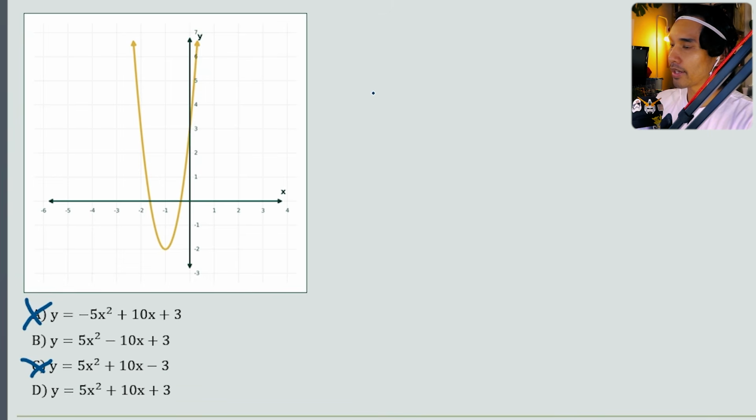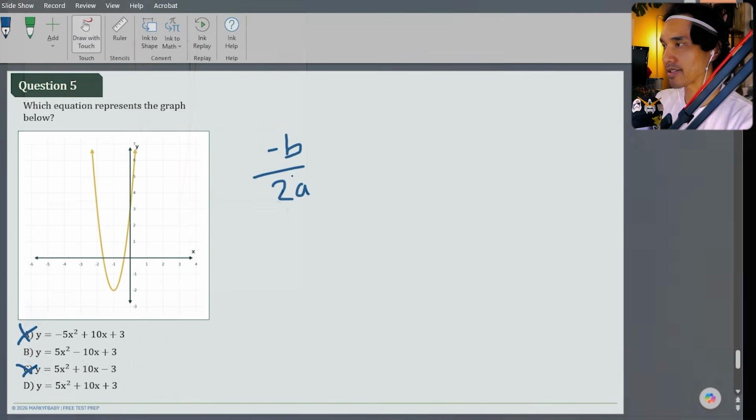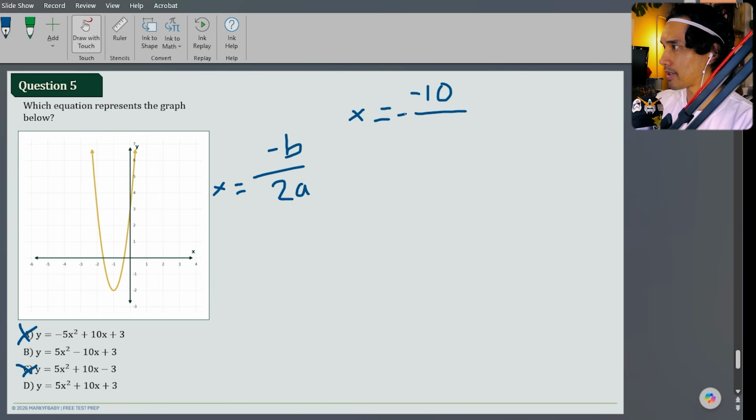So now, again, you would have to use negative b over 2a. So let's go ahead and use that. x is equal to negative b over 2a. Let's use the first equation here. So we have x is equal to, and then we have negative 10, and remember this is a negative 10, and then 2, and then 5.